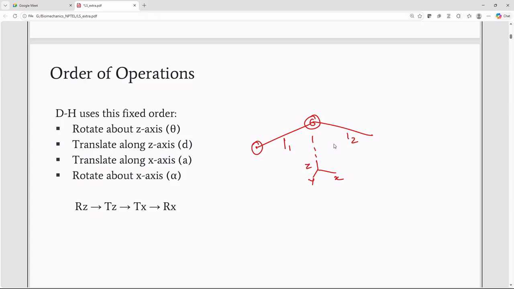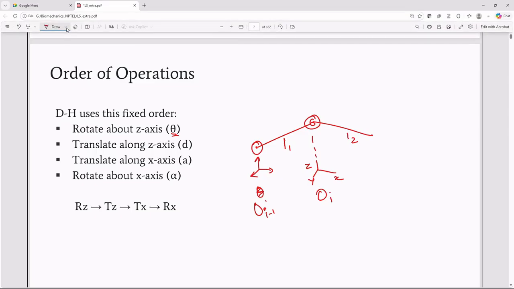Then how to find the translation, how this particular coordinate system, that is O, sorry, Oi minus 1, fixes with this Oi. That's the origin of these two. How can you find this arrangement between these two? For that, first rotate about theta. What are the transformations I do to this particular one?